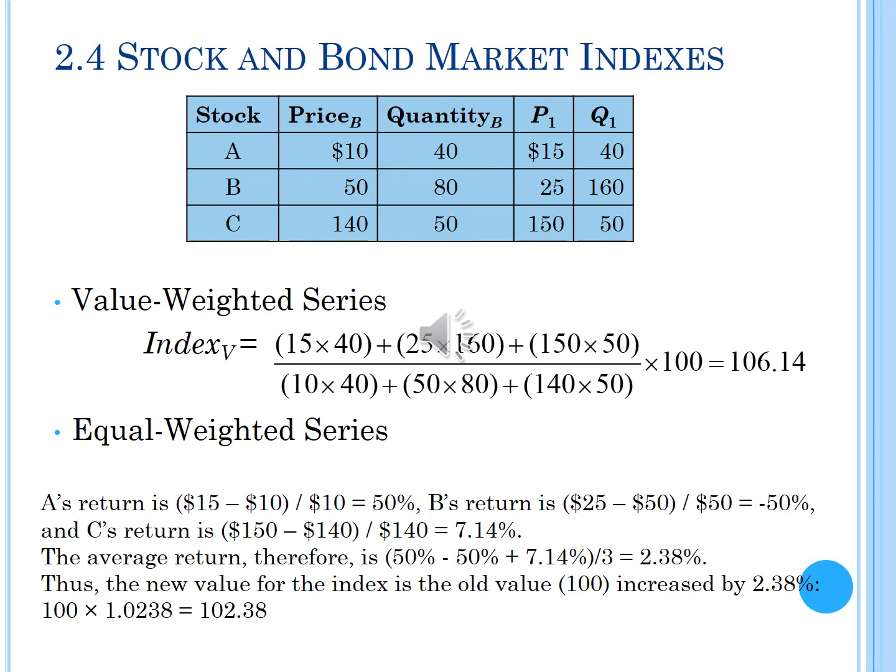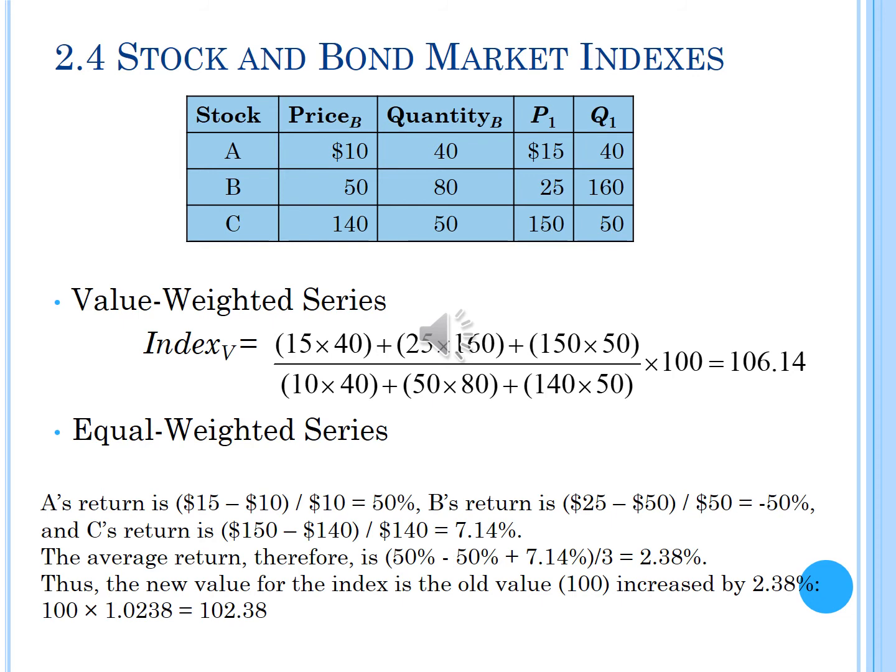Now, if we take the same inputs from the previous slide and look at them from the perspective of a value weighted index, we can figure out the change of a value weighted index based on the changes of prices according to the following formula.